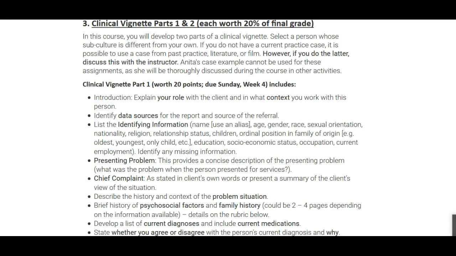And then when you come down to chief complaint, you want to state, preferably in the client's own words, a sentence or two why they feel they are there. So for example, a person could be coming to you to complete a requirement. That could be the reason why they feel they're there receiving mental health services.